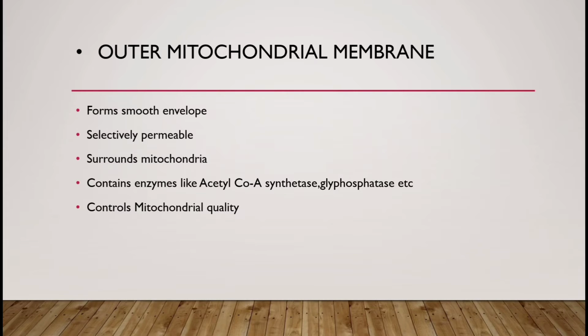The outer mitochondrial membrane is made up of phospholipids, and it also contains some enzymes like acetyl-CoA synthetase, glycophosphatase, etc. The acetyl-CoA synthetase is involved in metabolism of acetate. It converts ATP to AMP and pyrophosphate. And also the outer mitochondrial membrane helps to control the mitochondrial quality.